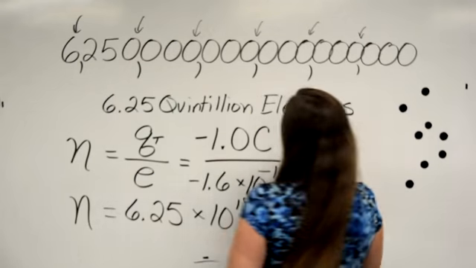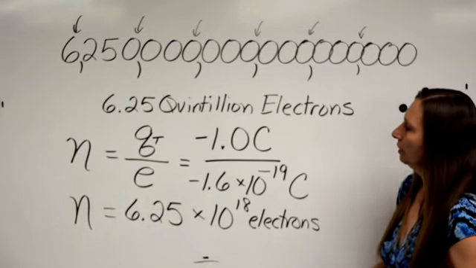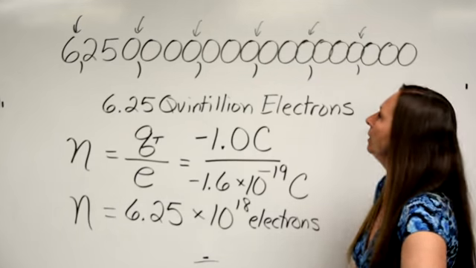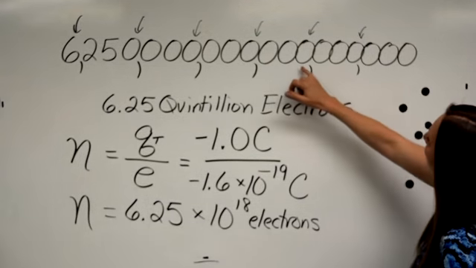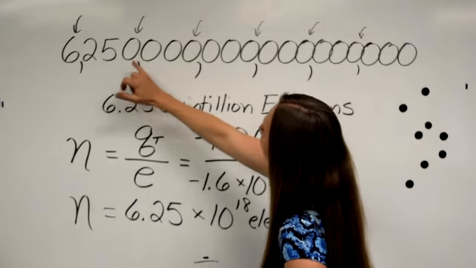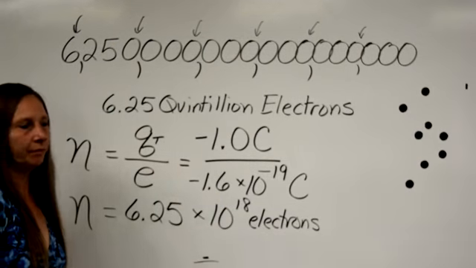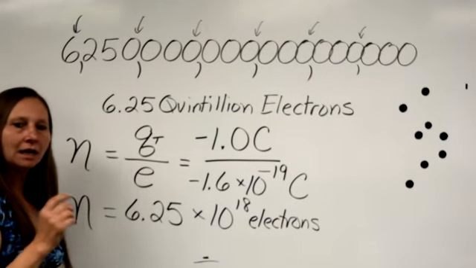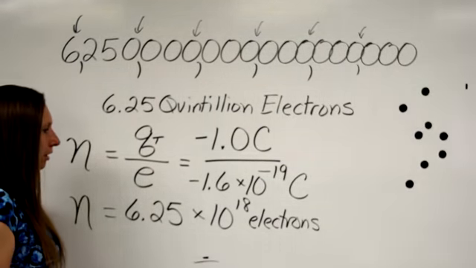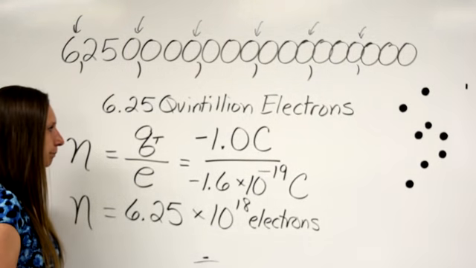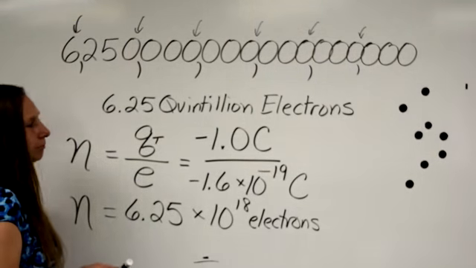That's a lot of electrons. Thousand, million, billion, trillion, quadrillion, quintillion. That's how many electrons there are in 1 Coulomb.